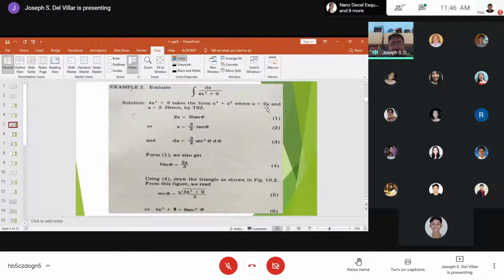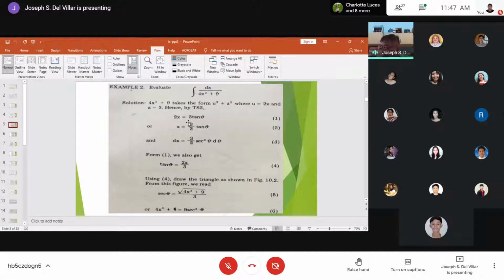So, let u, yung 2x natin, be equal to a, which is 3 tangent theta. Okay? So, isolve ninyo yung tangent theta dito. Okay? Isolve ninyo ito dito sa first pa lang, sa substitution. You solve for tangent theta, that is equal to 2x over 3.